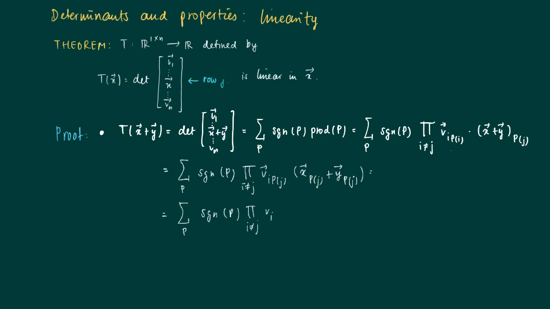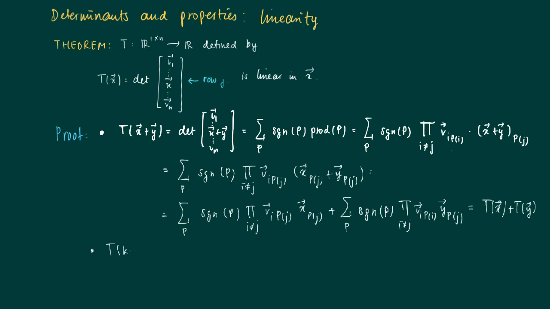And so this equals the sum over all patterns of the sign of this pattern p times the product over i unequal to j of v_i at p_i, times x at p_j, plus a similar part where the only thing that changes is that we write y instead of x at p_j. And now it's easily seen that the first part in the sum is T of x and the second part is T of y.